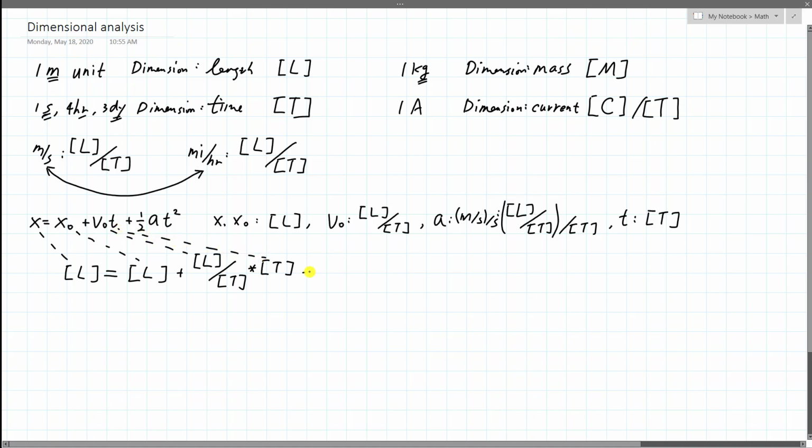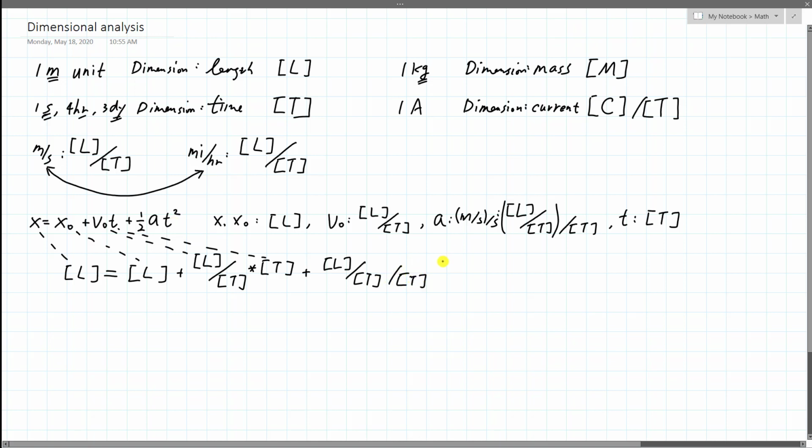Okay, so the last term is more complicated, and we can skip the 1/2 because it doesn't carry any unit. The a has this unit, length over time over time.